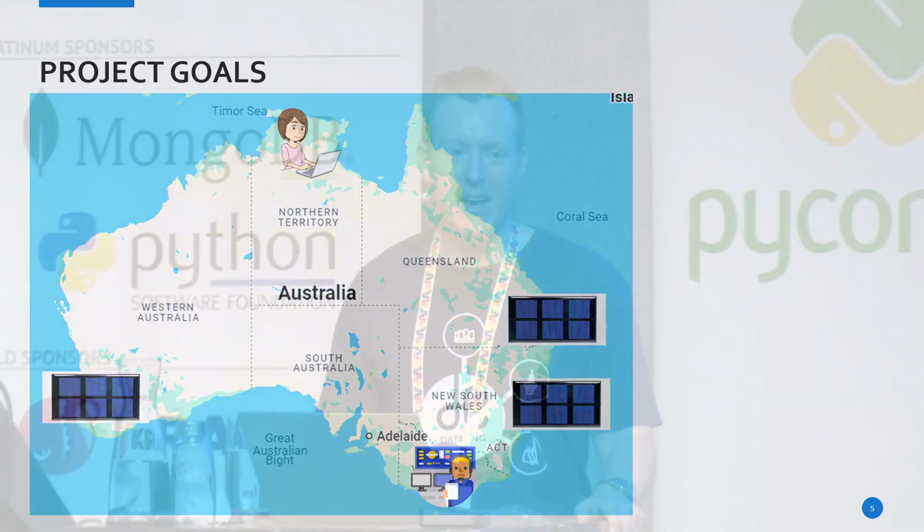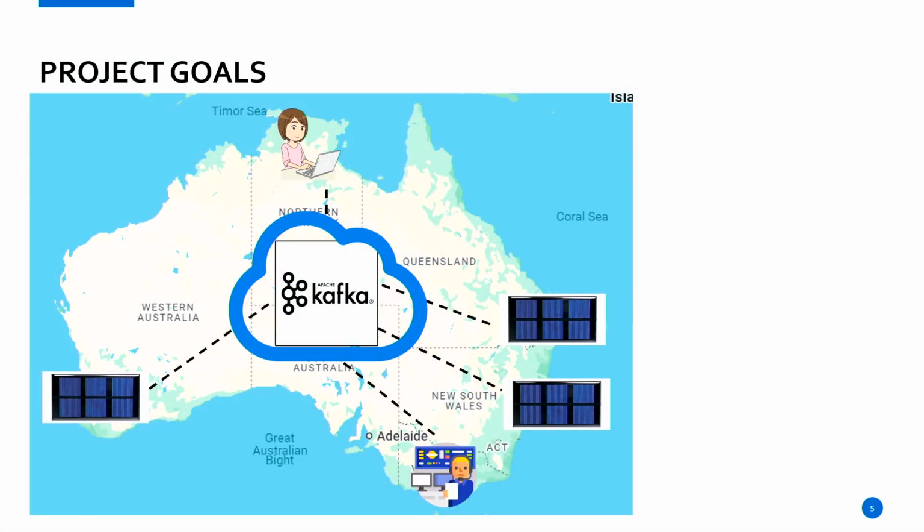And we're going to be using a very special and very exciting piece of software to help facilitate the movement of this data to our downstream consumers, and that software is called Apache Kafka. So we're going to be building a data pipeline to move the data from the data producers to the data consumers.